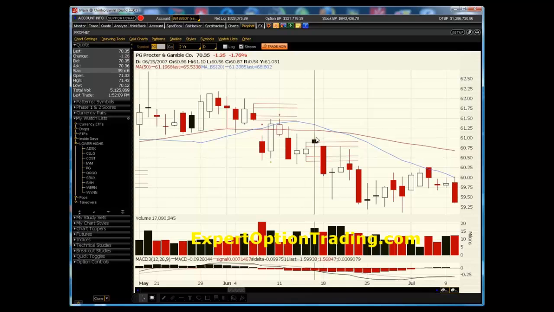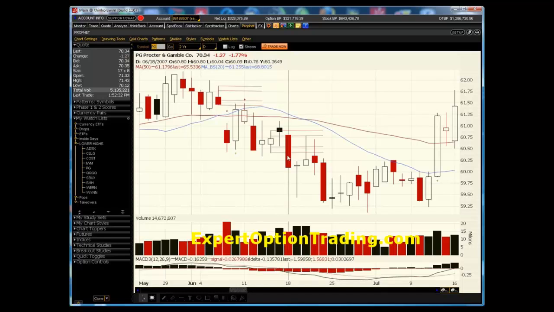It would have gotten stopped out the very next day. However, it had an opportunity here for a reverse play, and you may have hit 1 or 2 targets back on the 4th day. But this would have gone up, gotten filled, and then it would have gotten stopped out down here. So that would have been a losing position for you, a losing setup.